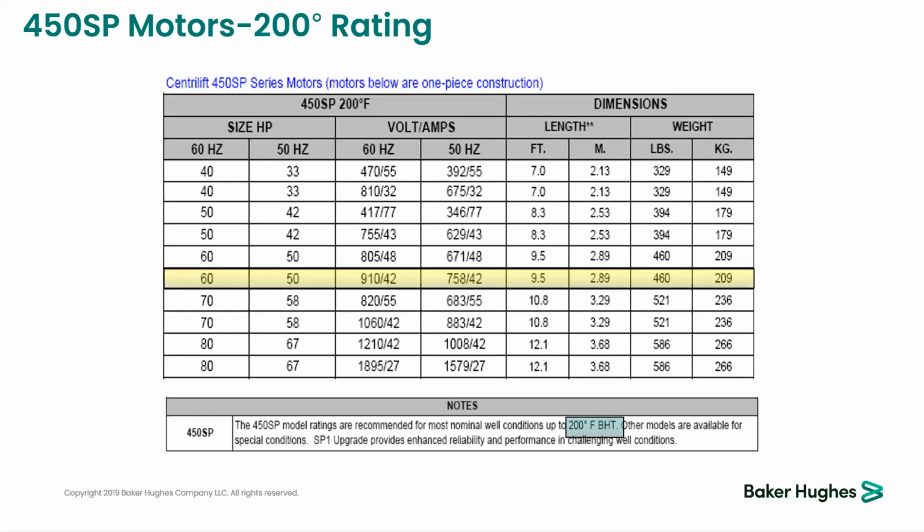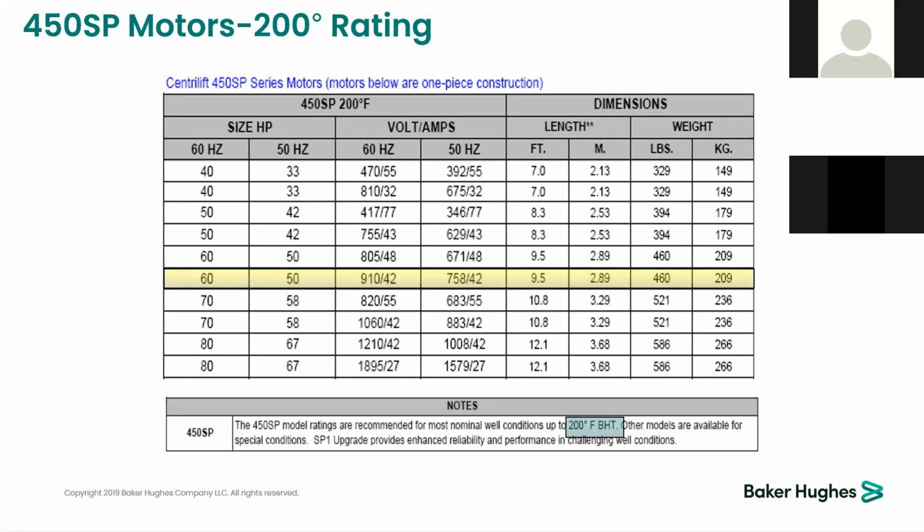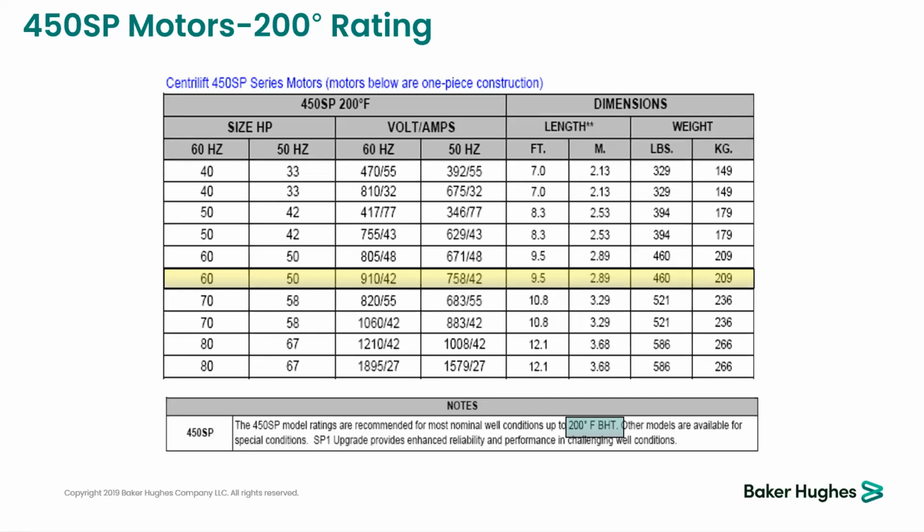And also, if you have higher volt, low amp, that means your voltage drop can be compensated easily, and the only limitation to having the higher volt, low amp is your surface equipment. So if your surface equipment is rated up to 3000 volt and your motor is above 3000, you shouldn't go for that motor. You should stick with your existing surface equipment limitation.